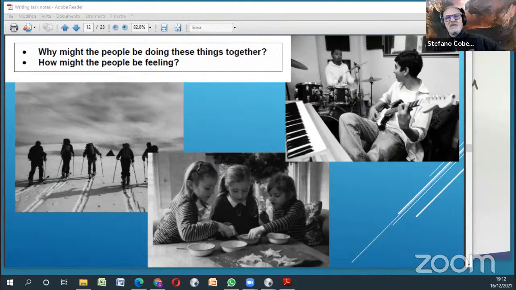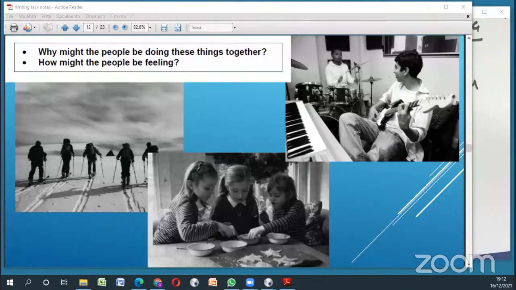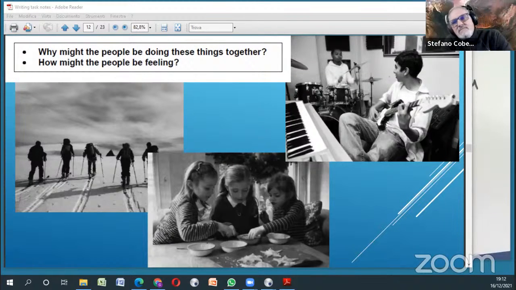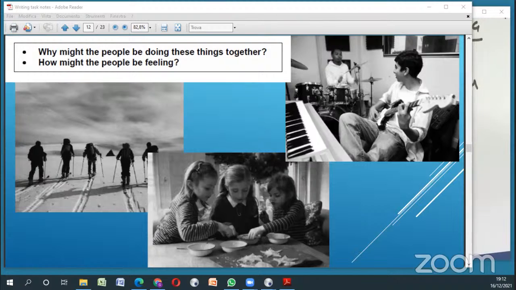So it looks like maybe they are preparing these for members of their family, maybe for their grandfathers, grandmothers, or their moms or dads. We don't know. And they're experimenting also how to make this sort of biscuits or cookies. And they seem really interested in what they are doing, not bored at all, and curious about how the result could be.